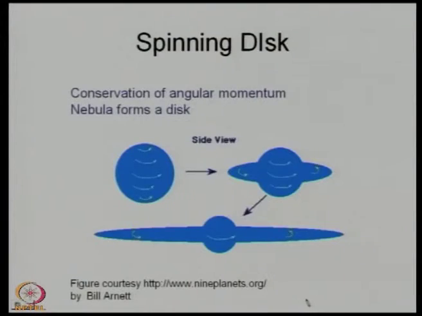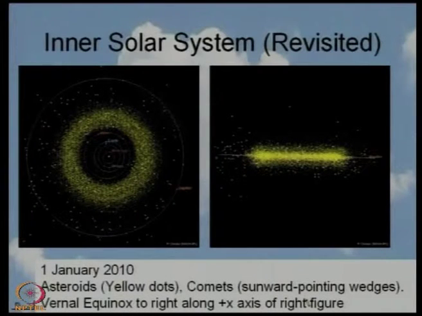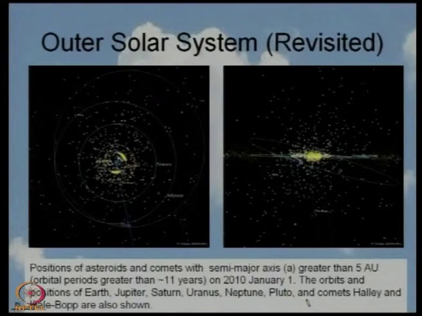This shows you the inner solar system. The outer planets are quite big, at least a few thousand times the mass of the earth, and they are largely gaseous, the Jovian planets. Okay. So, that is a brief summary.